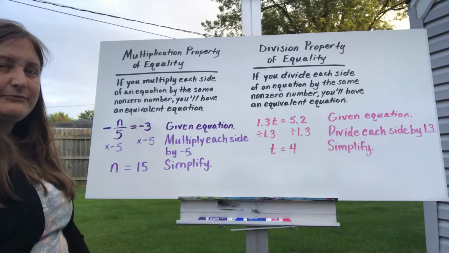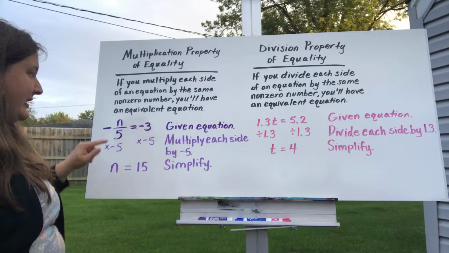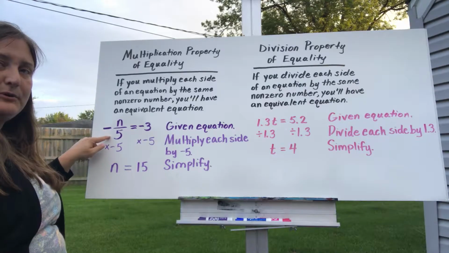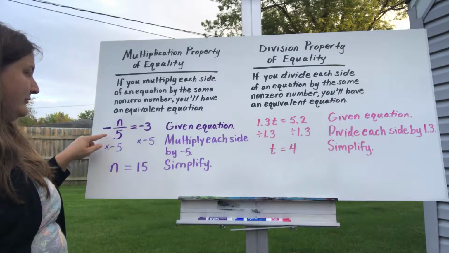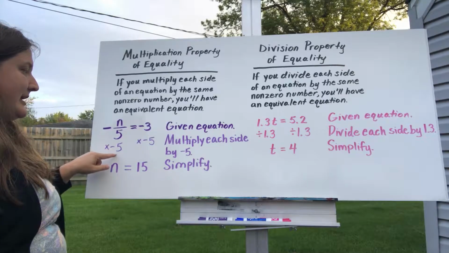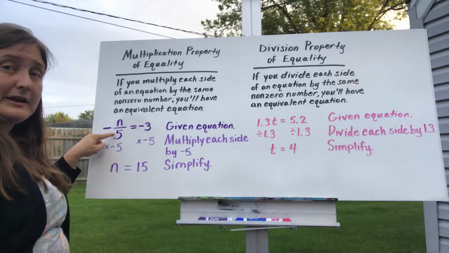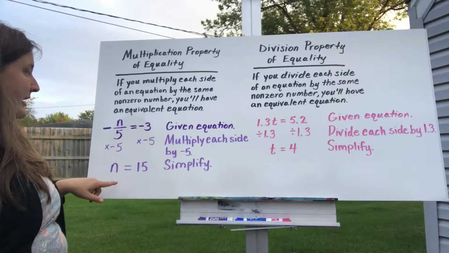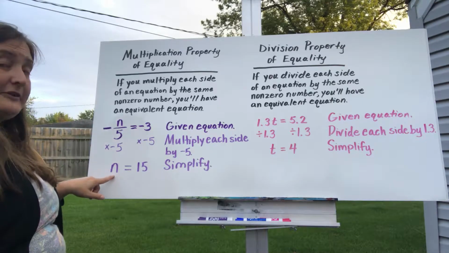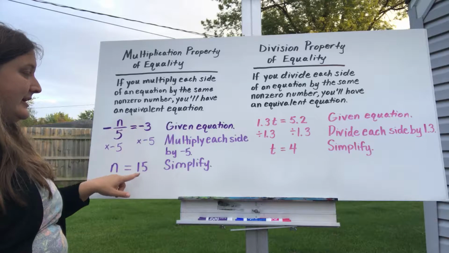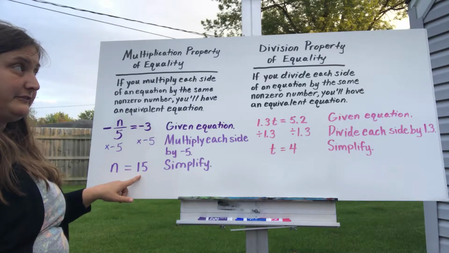Just to solve the problem quicker and get rid of the negative and the 5 at the same time, I put that negative with my denominator. So I'm going to multiply each side by negative 5. It's the opposite of dividing by negative 5. So when I do that, in this side, I simplify, I have n, and on this side, I end up with 15. So n equals 15.